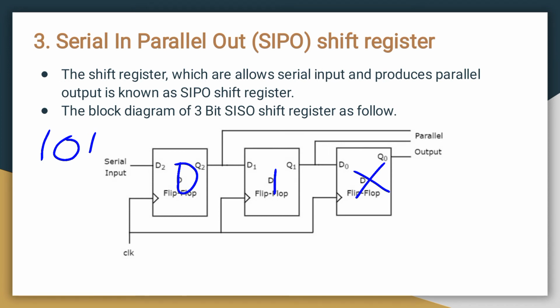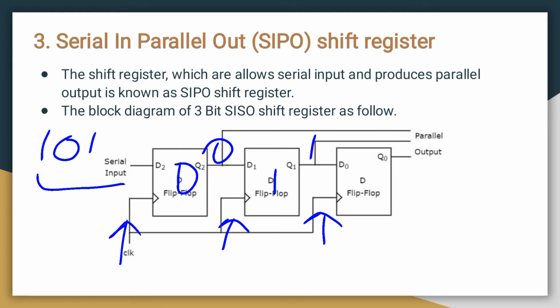Now we have to apply the third clock for the third input. So this is the third clock condition. For the third flip-flop the input is there, so the D flip-flop is going to set.